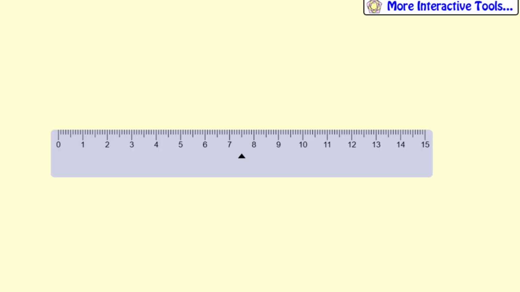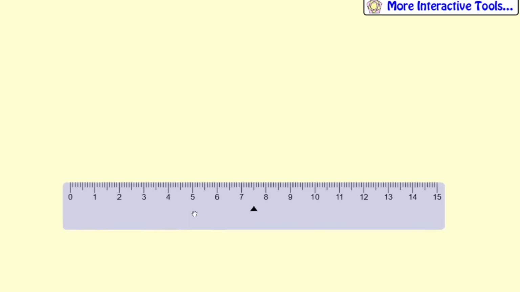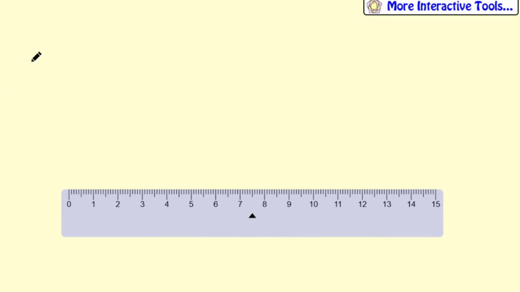Let's begin. For this video, we will be drawing a triangle given all three sides. So the first triangle is going to be side, side, side, and the measurements are as follows.